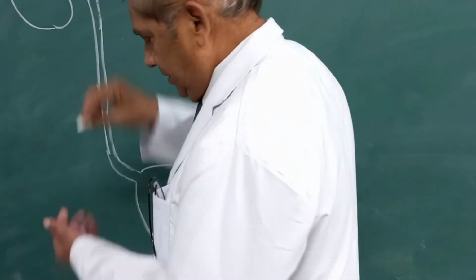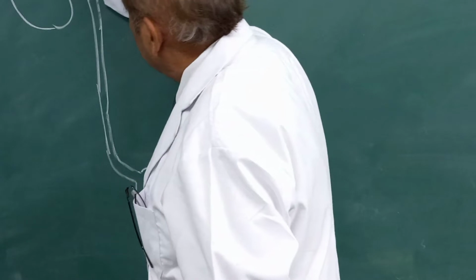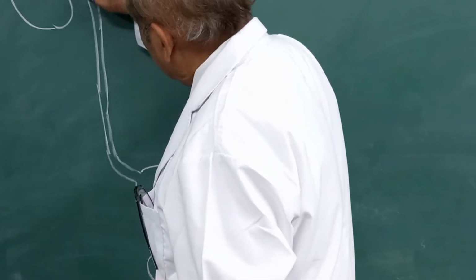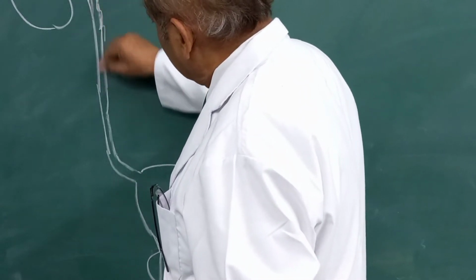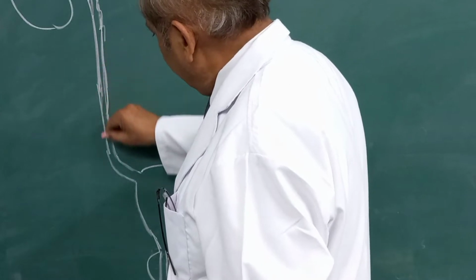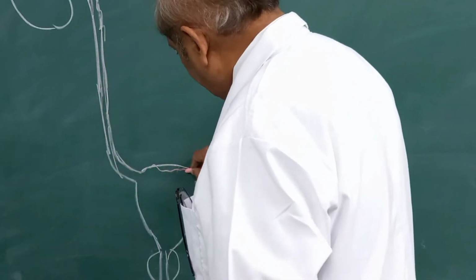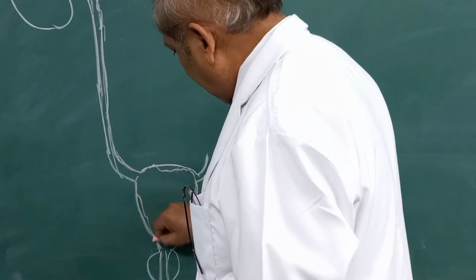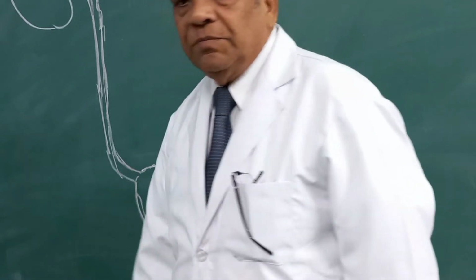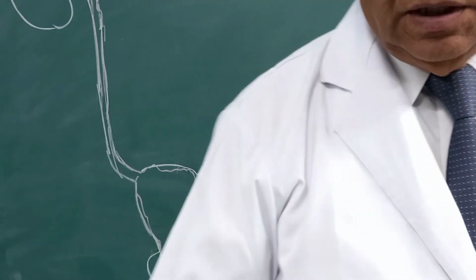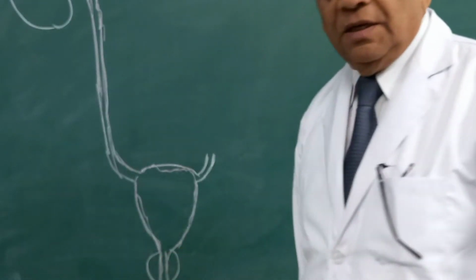Then it will line, let me draw with the other color, the inner aspect of the ureter. Then it will also line the urinary bladder and the prostatic part of the urethra, the upper part, prostatic part of the urethra.